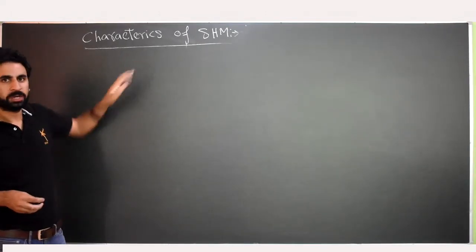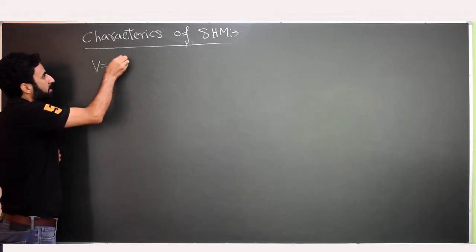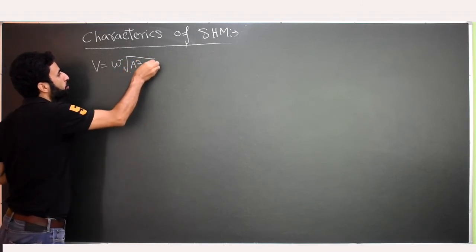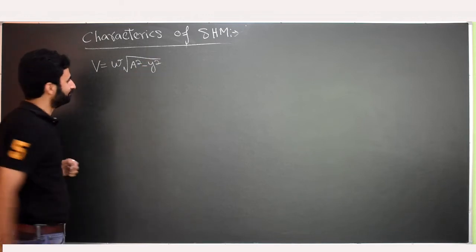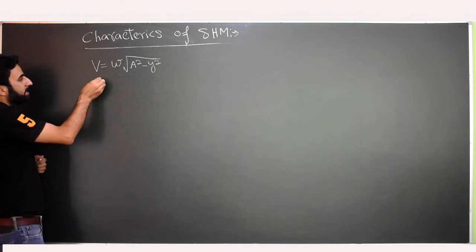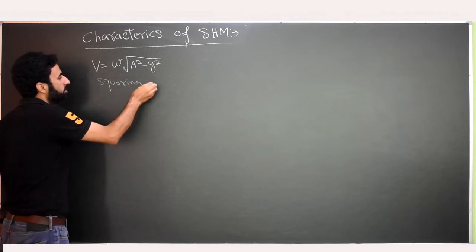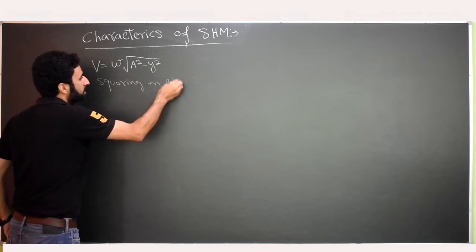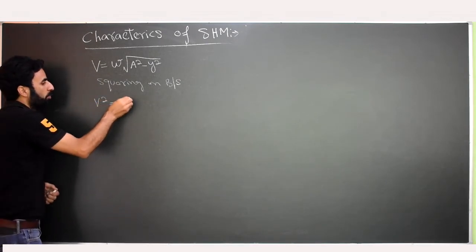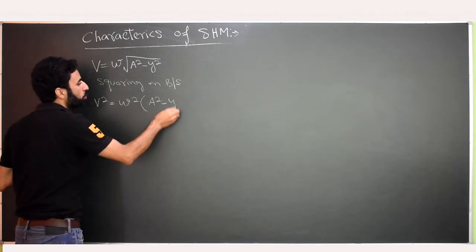Continuing with the velocity of a particle in simple harmonic motion, we derived this expression v is equal to omega under root of a square minus y square. Probably this was equation 2 or so. What we can do is square this equation on both sides. So v square is equal to omega square into a square minus y square.